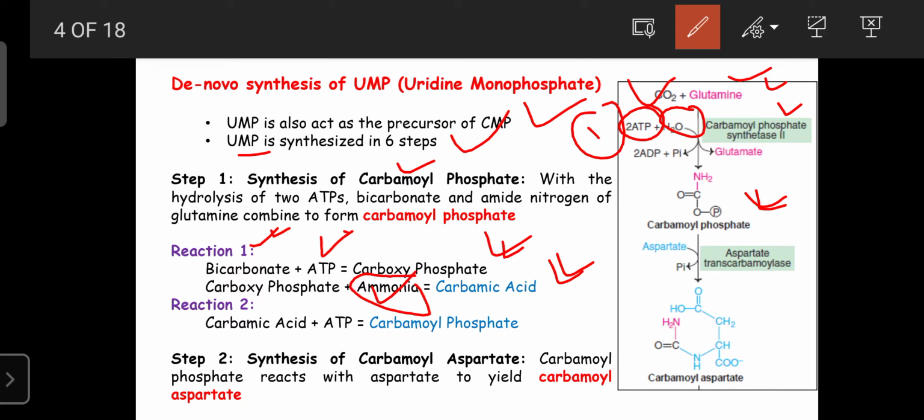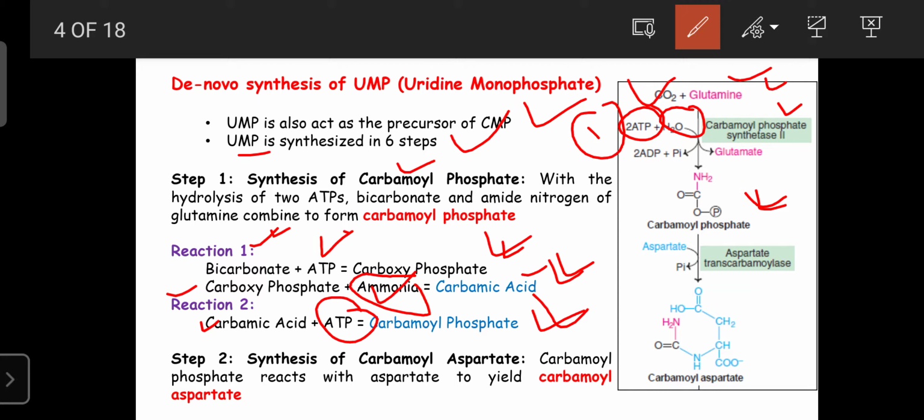In reaction 2, in step 1, that is the formation of the carboxyl phosphate. This carboxylic acid can react with another molecule of ATP. So another ATP can supply another molecule of phosphate, which is responsible for the formation of the carboxyl phosphate. So like that, the carboxyl phosphate is formed in step 1.